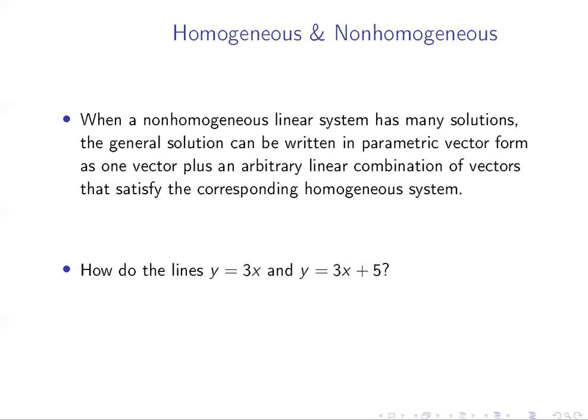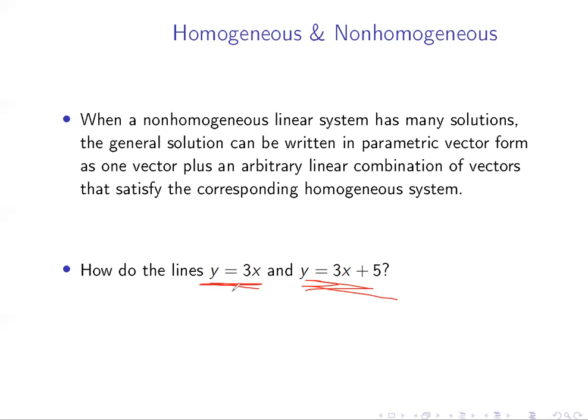So an example is consider the line y equals 3x, and then the yellow line, y equals 3x plus 5. How are they the same? How are they different? This is a homogeneous problem because notice the zero vector is a solution of this. It's not over here.